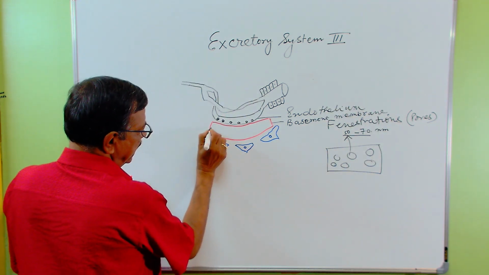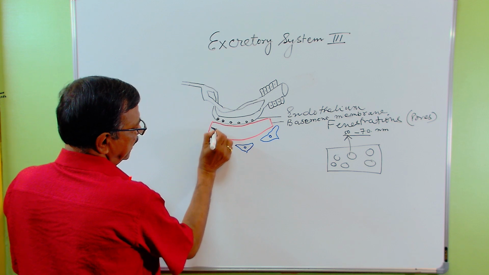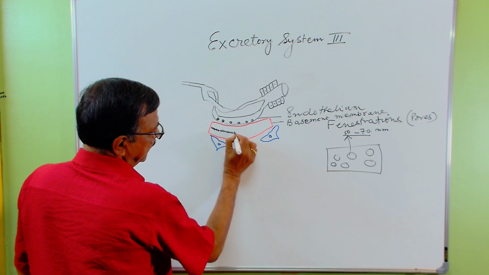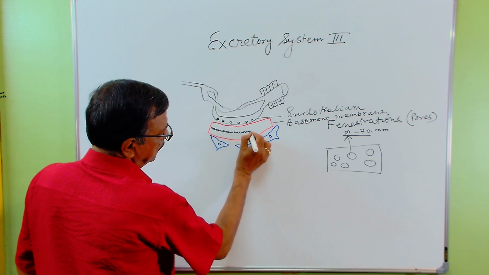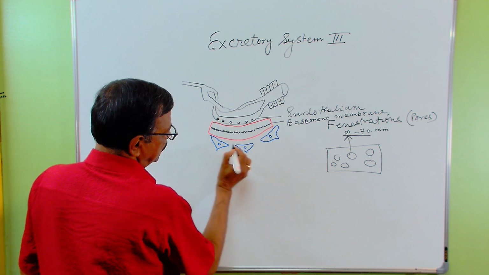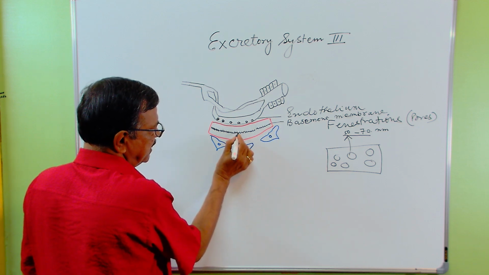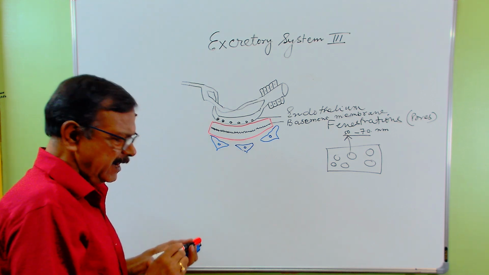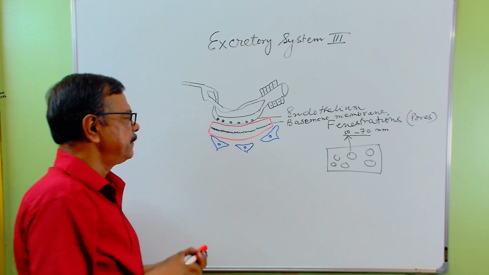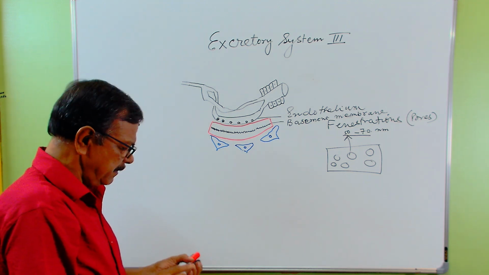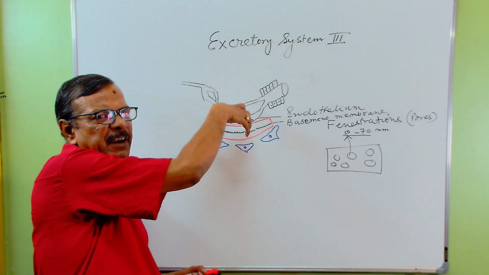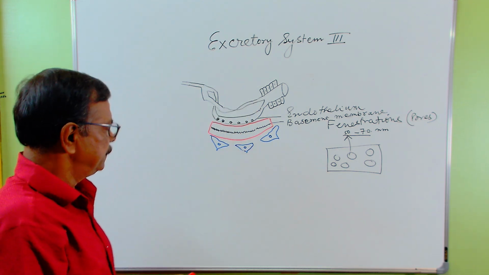Under the electron microscope, this basement membrane has a denser area in the middle, but from this side and that side, it is lucent, so it can pass. Now this is the basement membrane through which the nephric filtrate comes out.